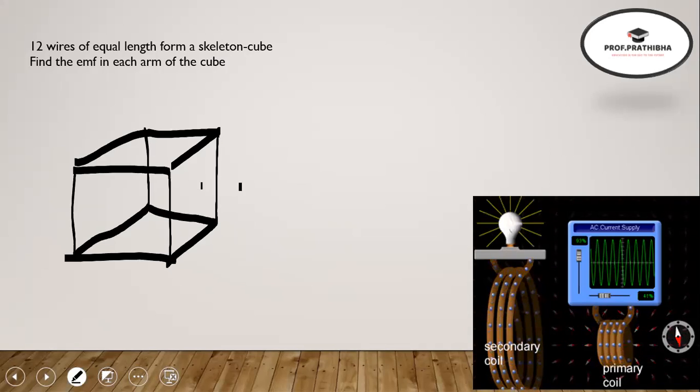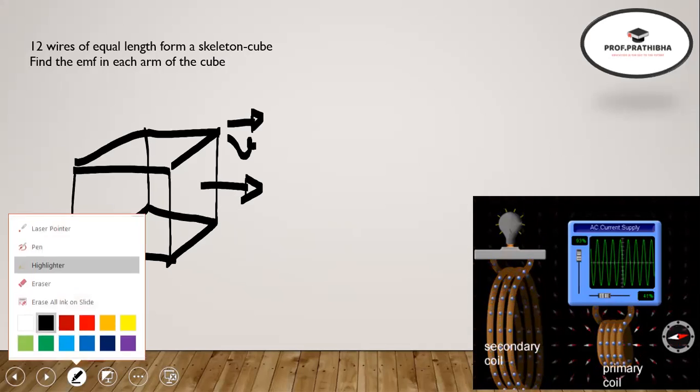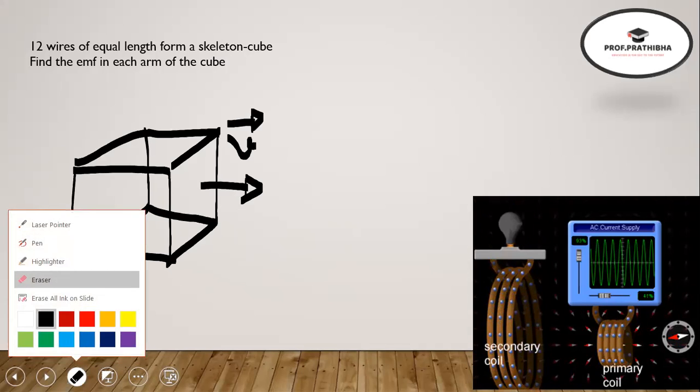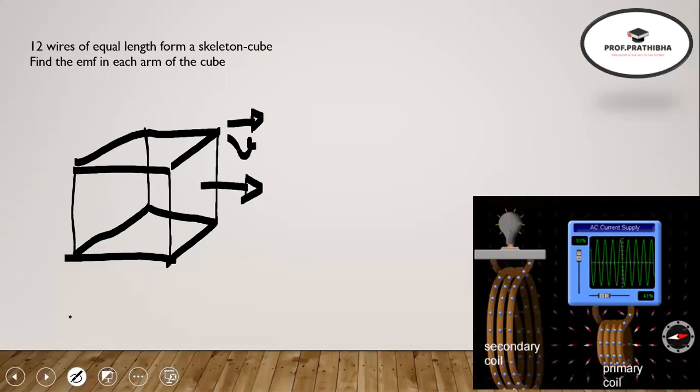And let's say I have moved this cube over here, right? So I have moved this cube here. And this is your A, this is your B, this is your C, this is your D, this is your E, this is your F, this is your G, and this is your H.